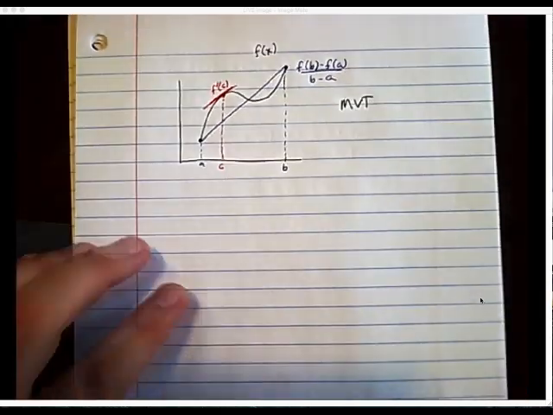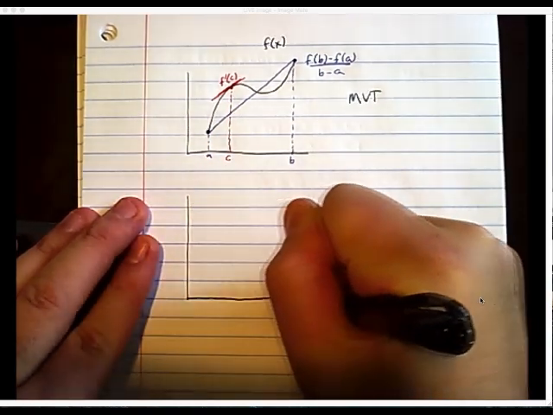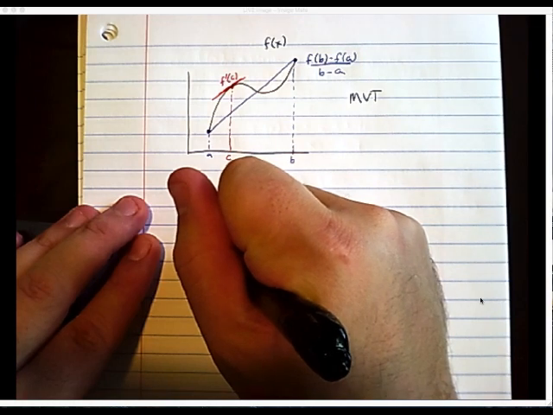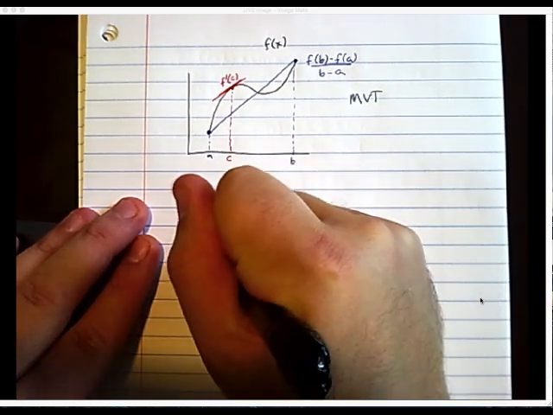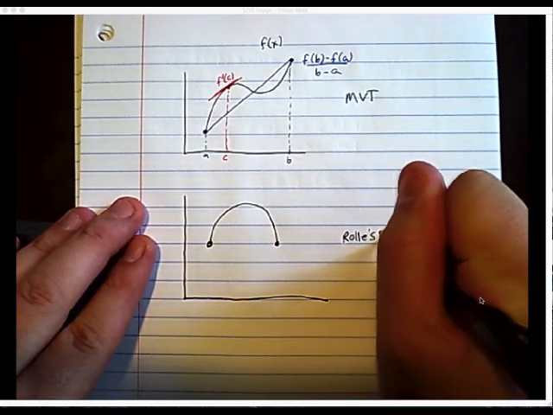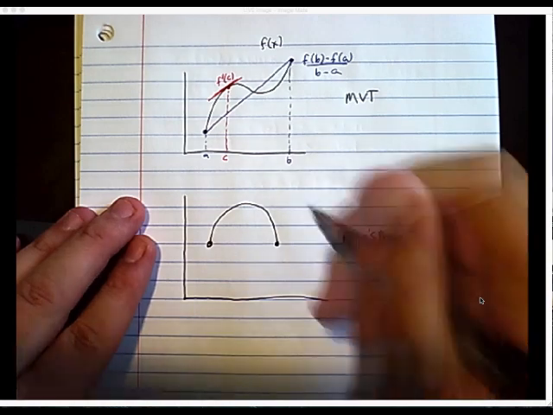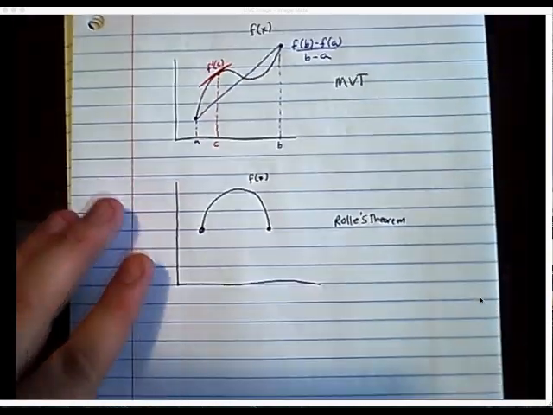Rolle's theorem is a special case of that. The only difference in Rolle's theorem is that the conditions are the same. So let's call this f of x now. Conditions are the same.